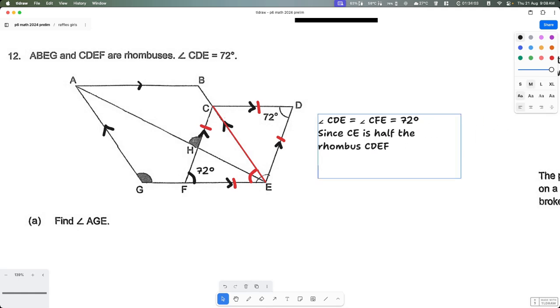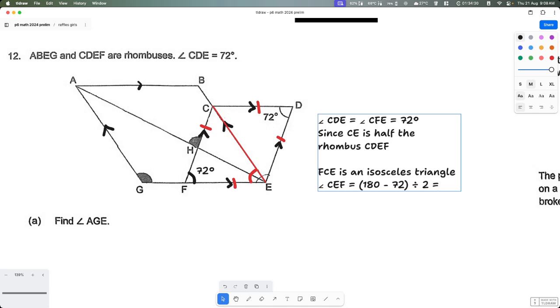that means FCE is an isosceles triangle. So angle CEF is equal to 180 minus 72, divided by 2.